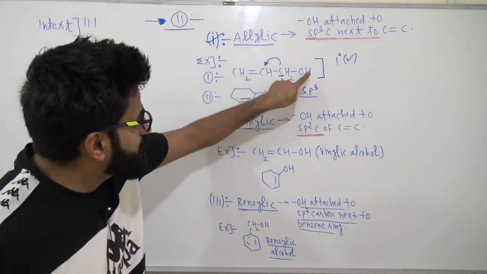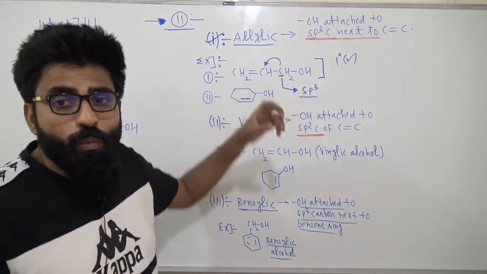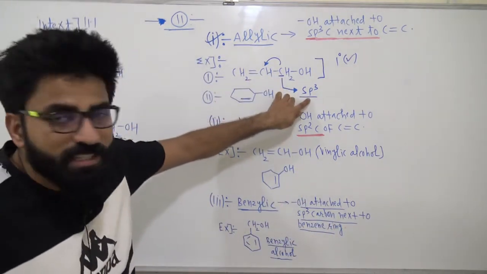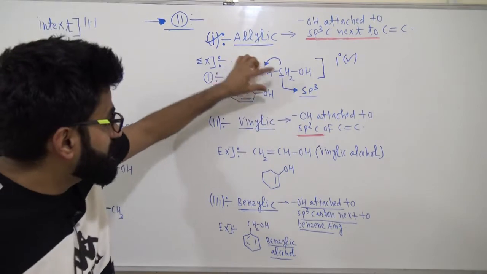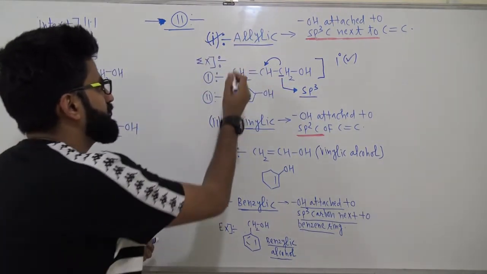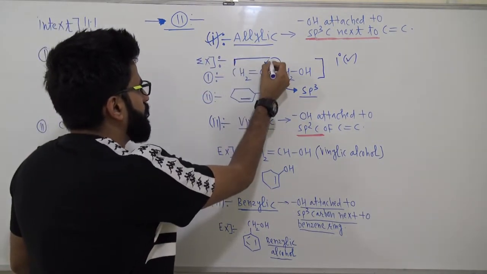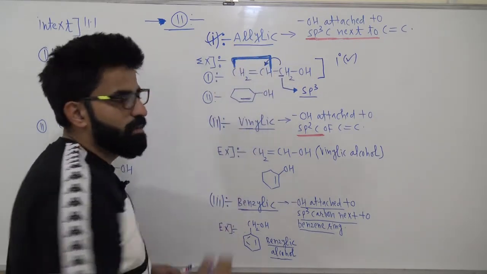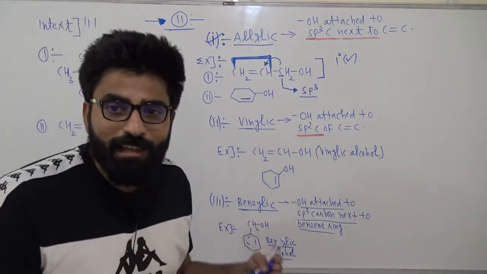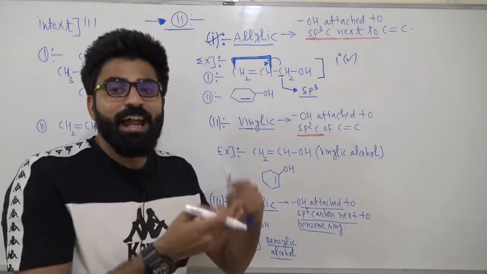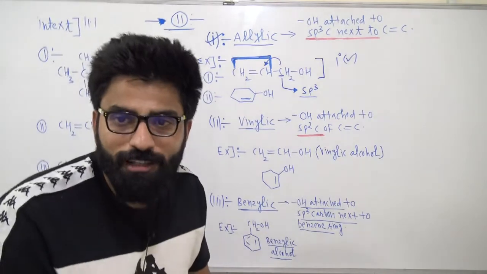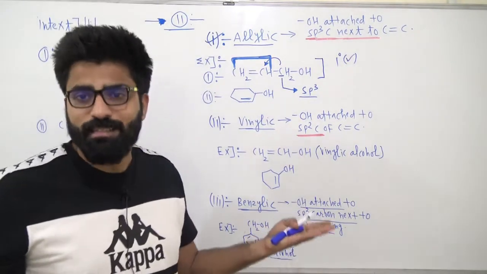So this OH is attached to sp3 carbon. Now what is the position of this sp3 carbon? If you see, this carbon is next to C double bond C. Can we say that? Yes, this carbon is next to C double bond C. It means what kind of alcohol it is? It is 1 degree, and also at the same time we can call it allylic alcohol. Understood guys? Very, very simple.